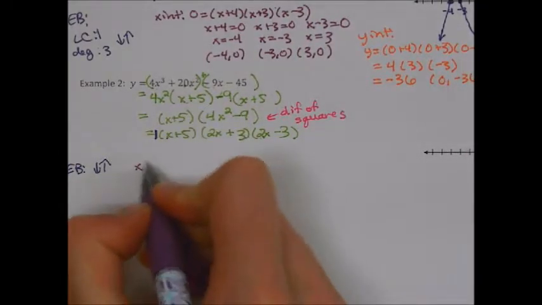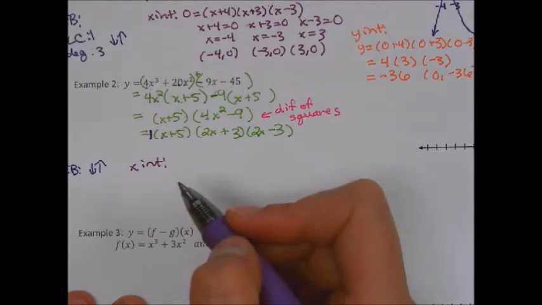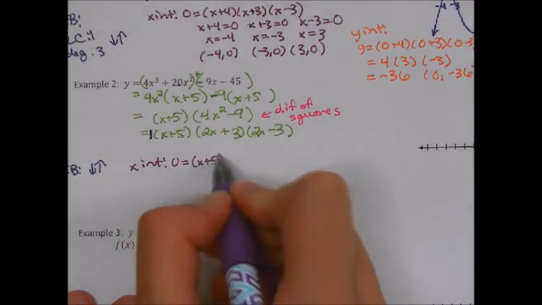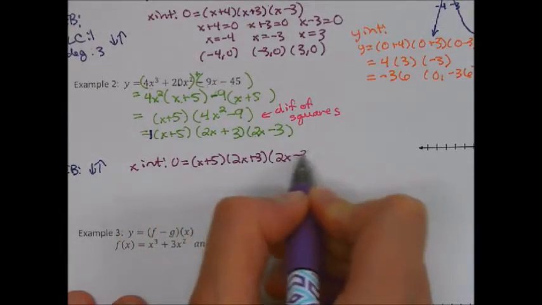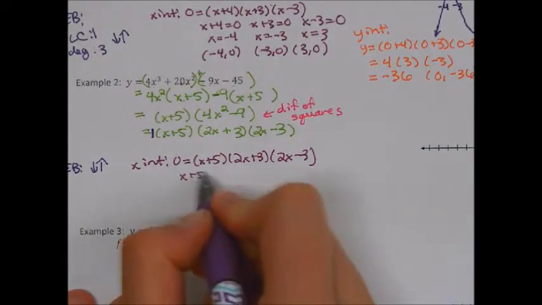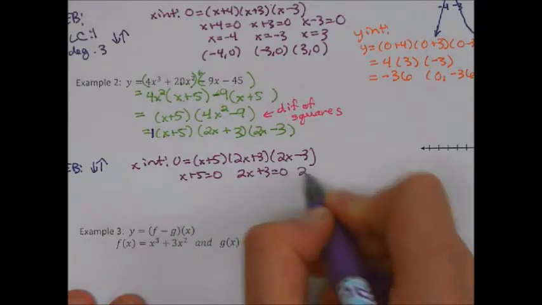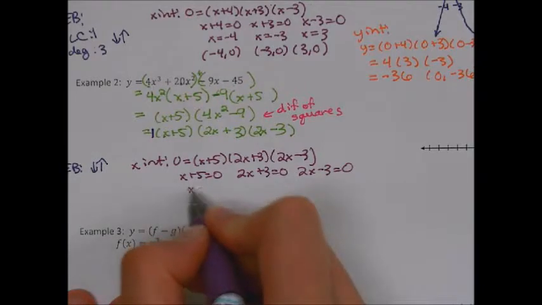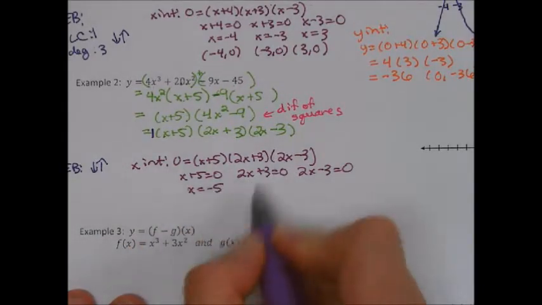Our x-intercepts make y equal to 0. I have x plus 5 equals 0, 2x plus 3 equals 0, 2x minus 3 equals 0. So x equals -5. What happens here?